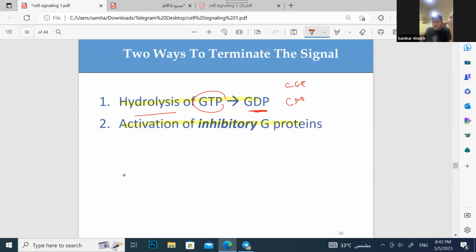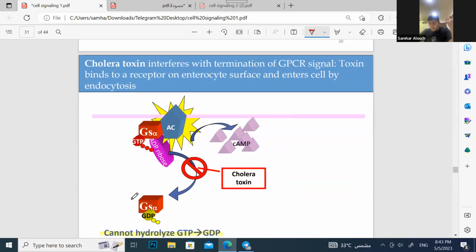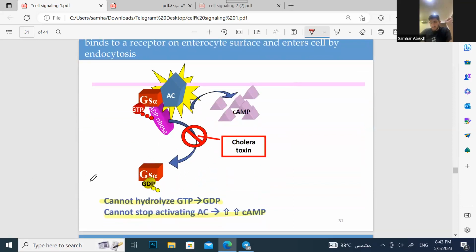Or the other way is by activating inhibitory G protein, which is Gi, G alpha I. We have other ways, but these diseases depend on these two ways. So first, hydrolysis of GTP to GDP, so everything is inactive after that, or activating G alpha I, which inactivates everything. So let's start with cholera.